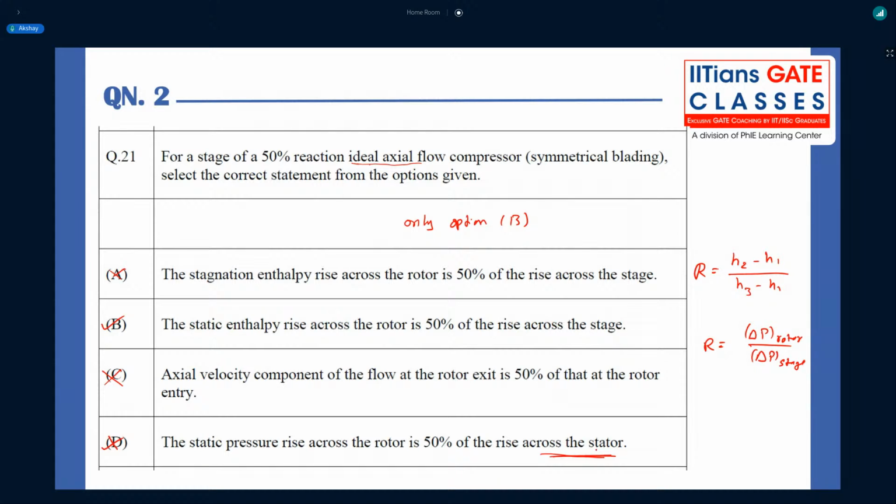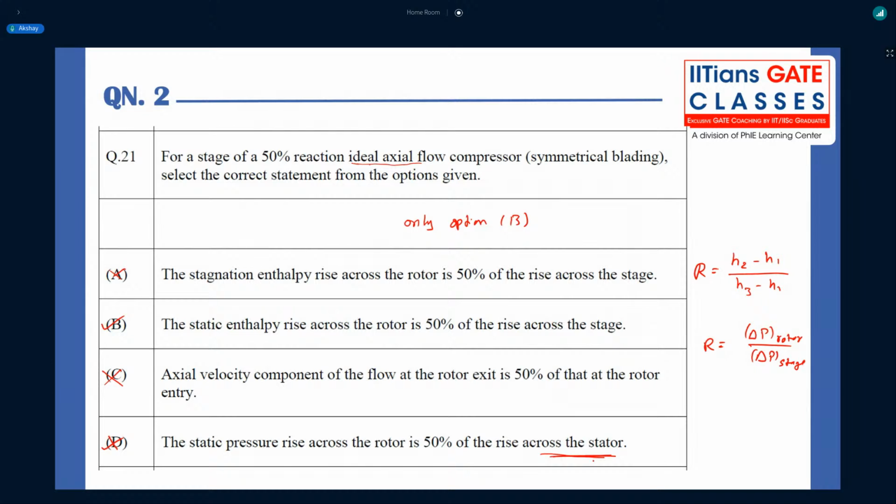So when you compare across the stator, it is not a 50% rise across the stator. Either they should have given that the pressure rise across the rotor is 50% of the rise across the stage, or they could have mentioned that 50% of the pressure rise occurs in the rotor and the other 50% in the stator.